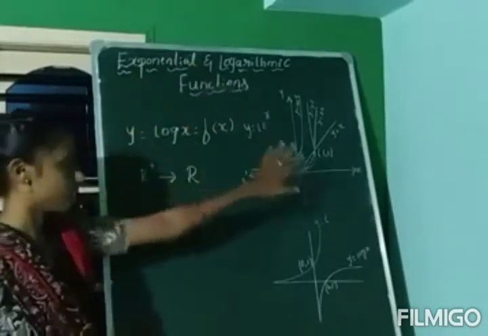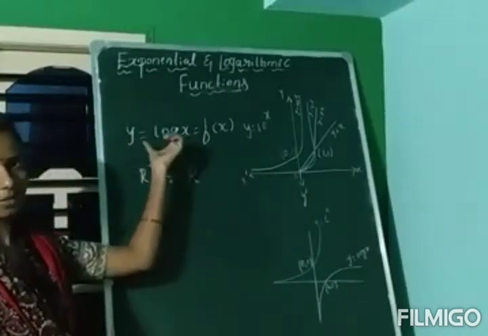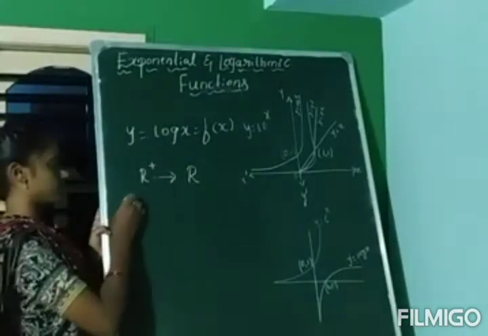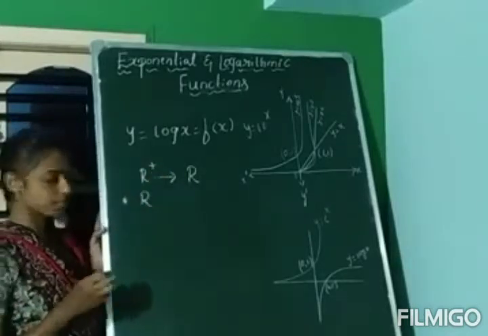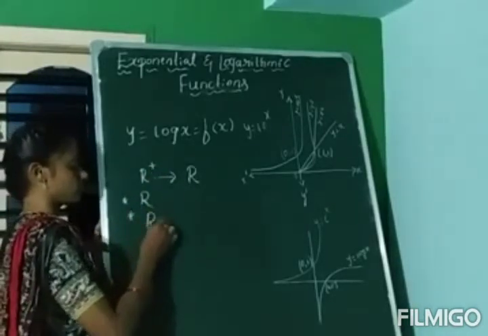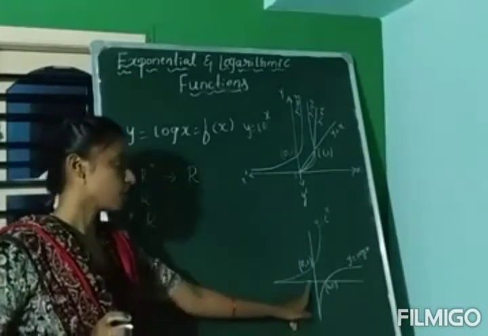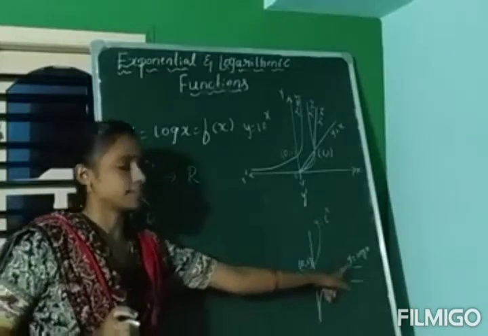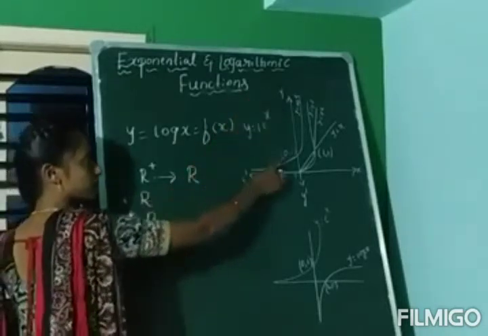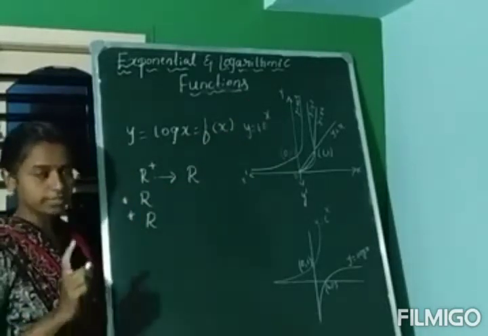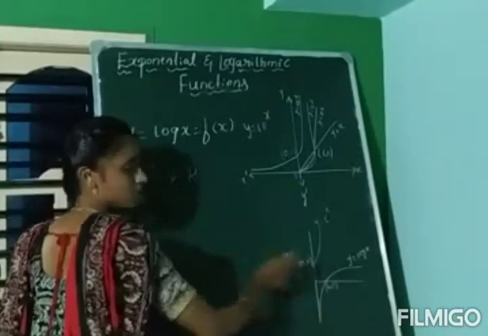Again, with the help of this graph, I can say a few features of this logarithmic function. First, the domain of this logarithmic function is the set of positive real numbers, and the range is the set of all real numbers. Again, this logarithmic function is also an increasing function. As I said, in an exponential function there is a point which is always on the graph, that point is (0, 1), whereas in a log function it is (1, 0).